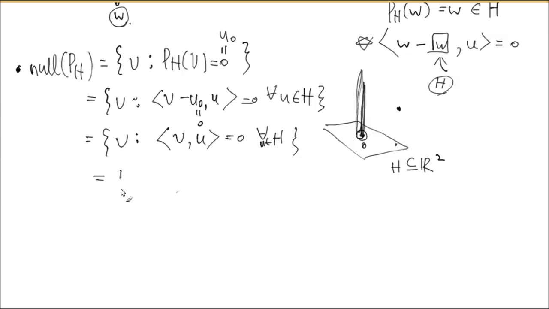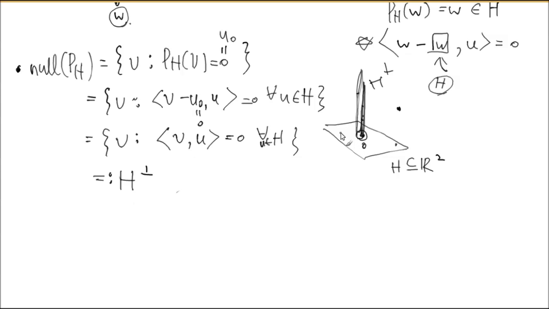So they write it like this: H perp. That is the definition of H perp. H is a subspace, and this is the collection of all the vectors that are orthogonal to everything that is in H. So if that's H and that's your H perp, everything in here is perpendicular to everything that is in H.